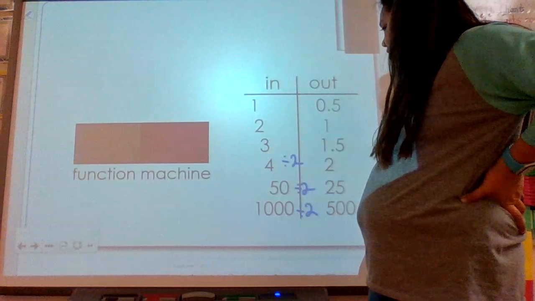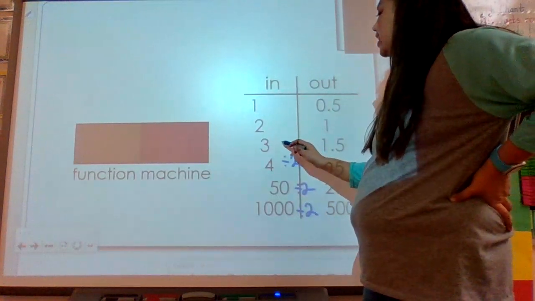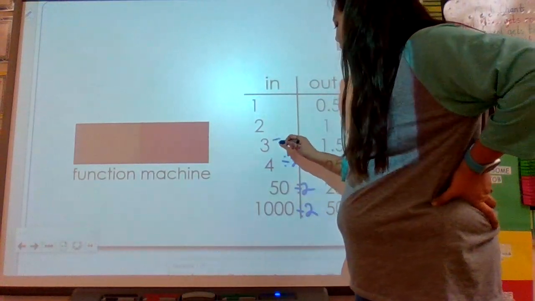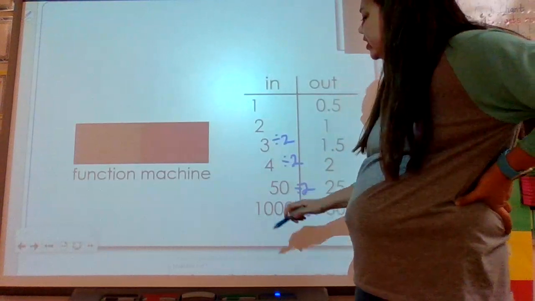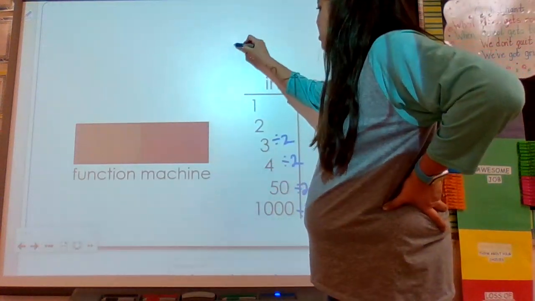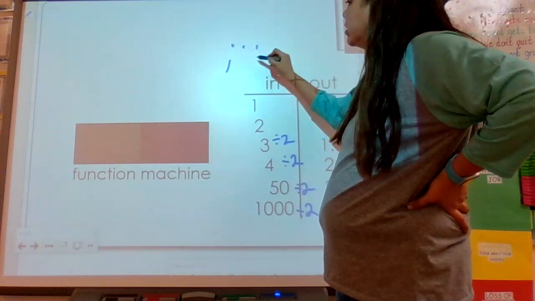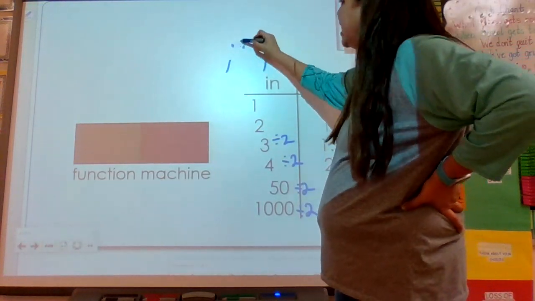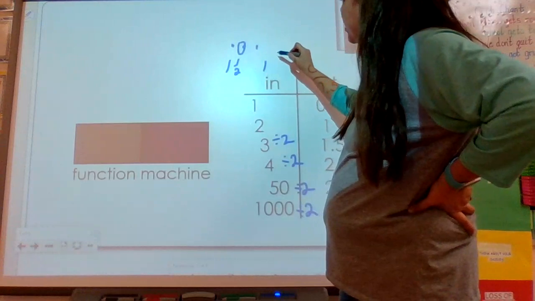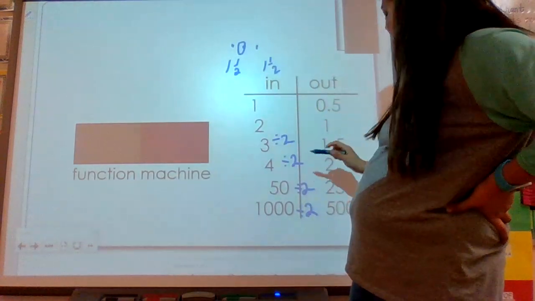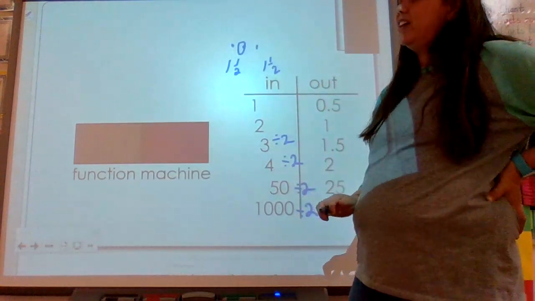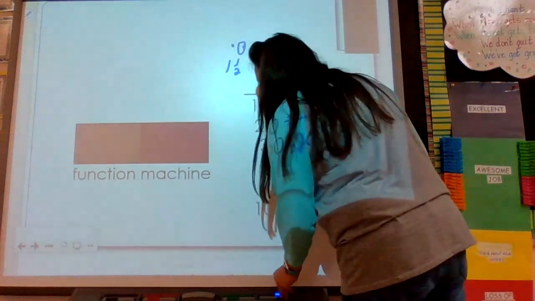1,000 divided by 2, 3. Oh, that was the tough one. Well, think of half of 3. If I wanted to split 3 into 2 equal parts, I would get 1 on this side, 1 on this side, but then I'd have to take a half and put it over here, that 1 left over, and a half over here, which is the same as 5 tenths. 1 and 5 tenths.